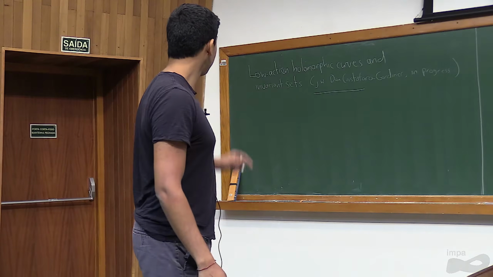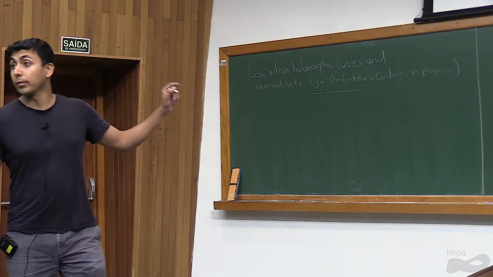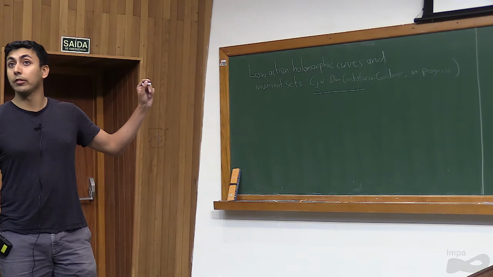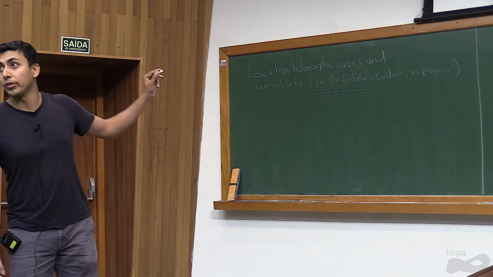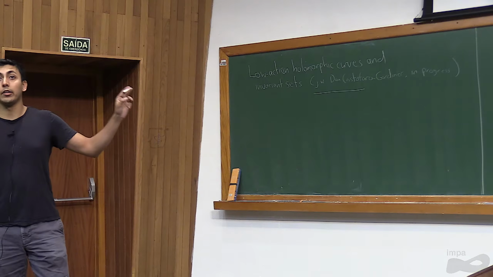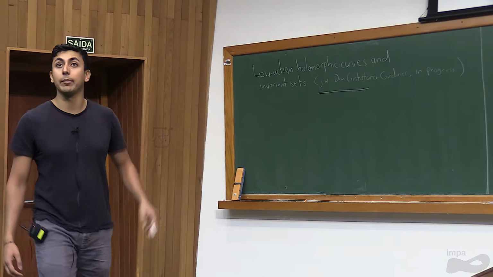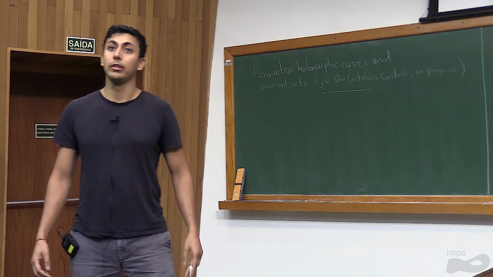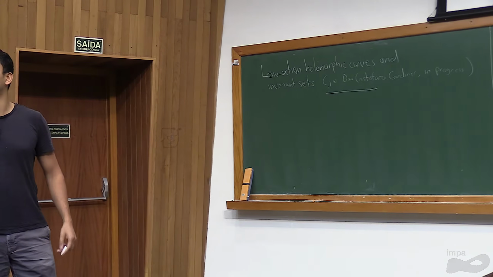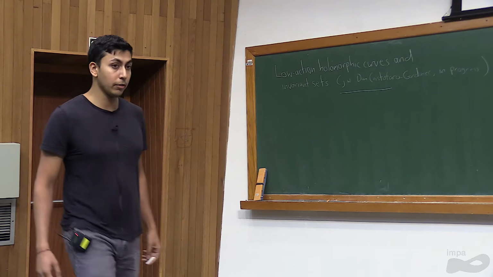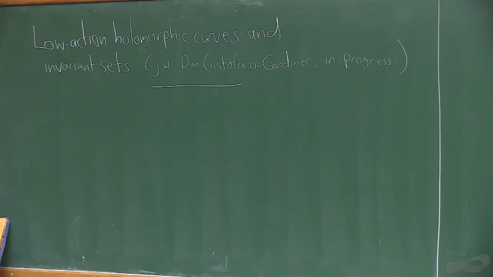So what I'm going to do in this talk today is describe a method using specifically low-action holomorphic curves in symplectizations to detect invariant sets and apply them to symplectic dynamical systems of low dimensions. So this means area-preserving diffeomorphisms of smooth surfaces and three-dimensional Reeb flows.